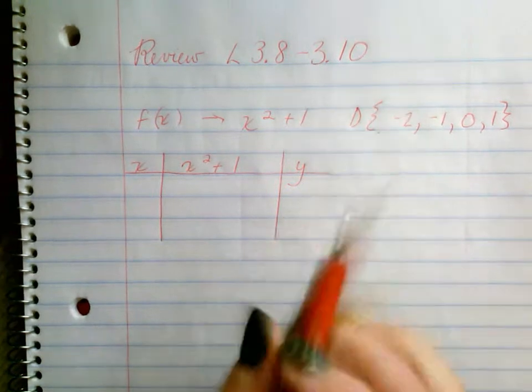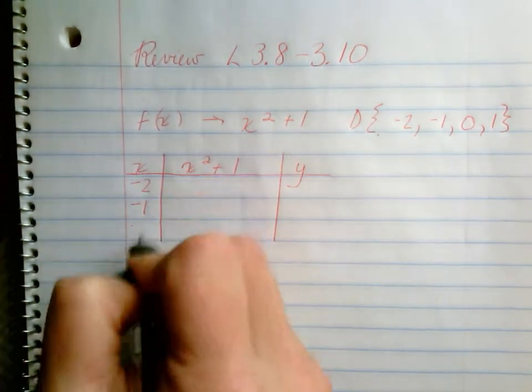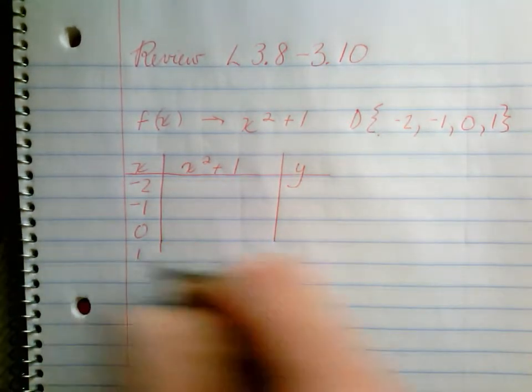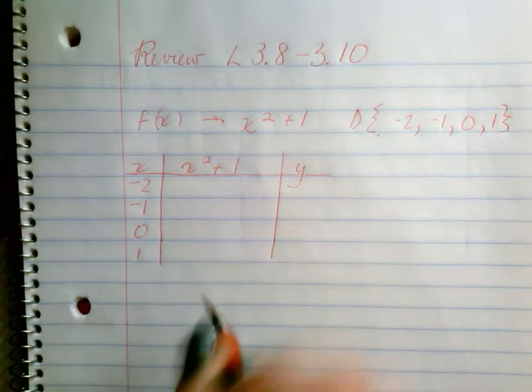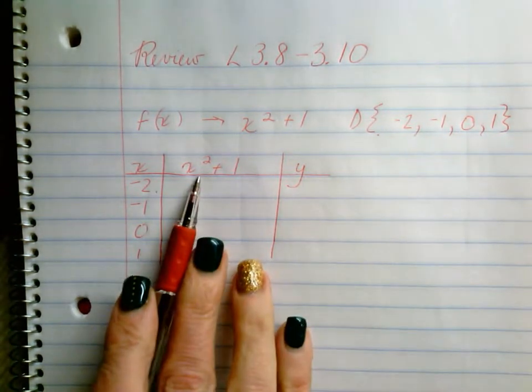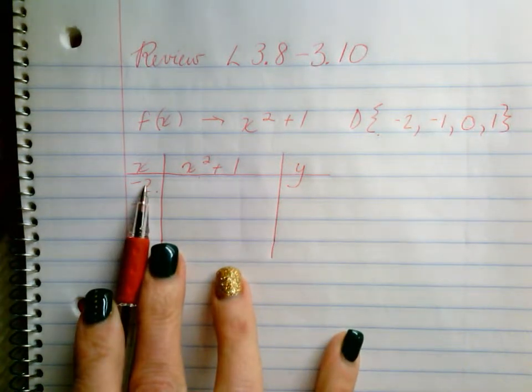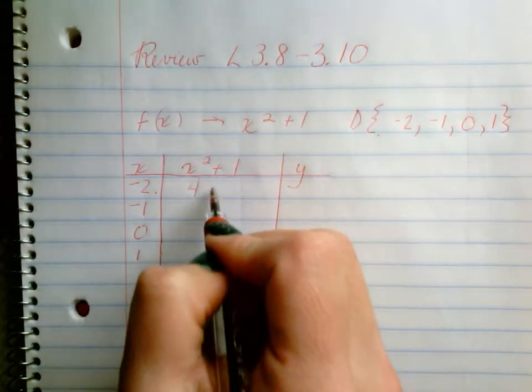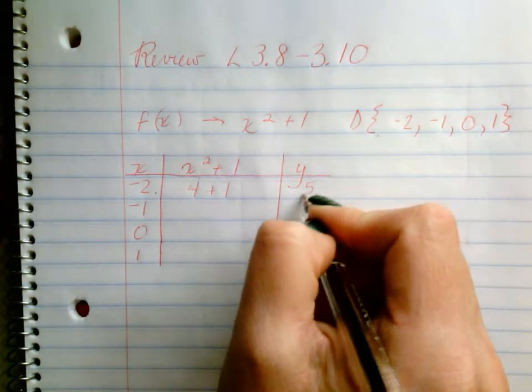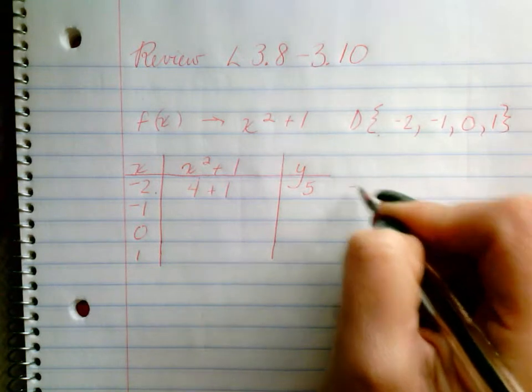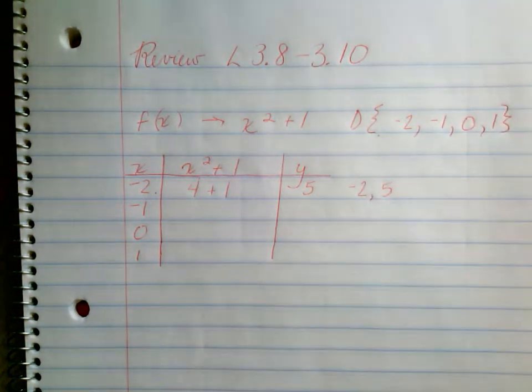So I've got 4 points. I've got -2, -1, 0, and 1. To solve, I plug each one in for x and see what I get for y. So -2 squared, what do you get? Hopefully you get a 1, right? So that means this point is 2, 5.